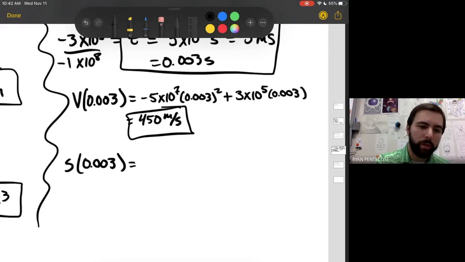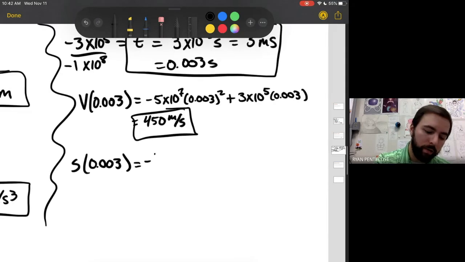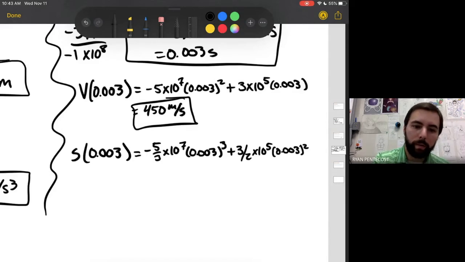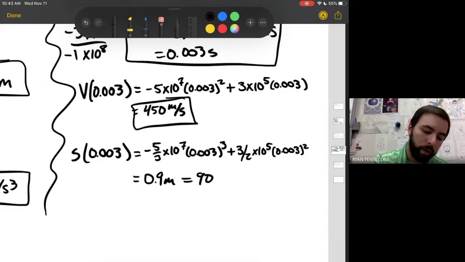So this will be negative 5/3 times 10 to the 7th times 0.003, and that will be cubed, plus 3/2 times 10 to the 5th times 0.003, and that will be squared. Now, once you put that into your calculator, you will get 0.9 meters or 90 centimeters, both acceptable answers.